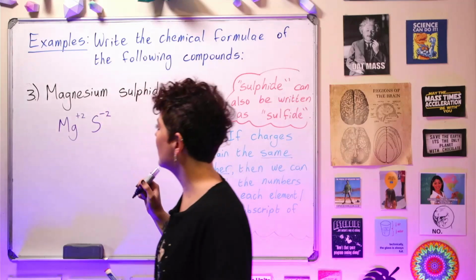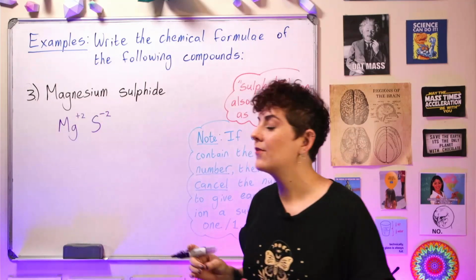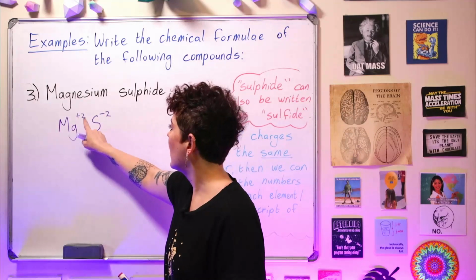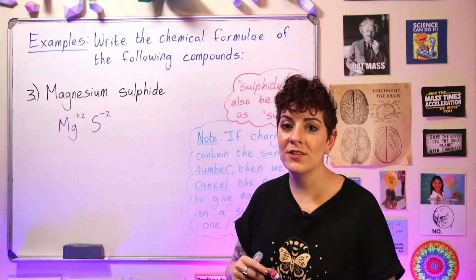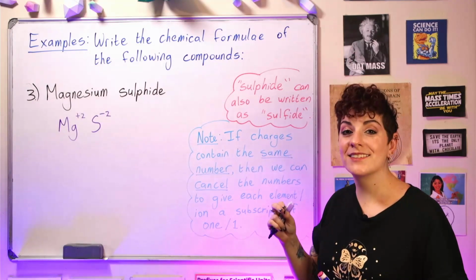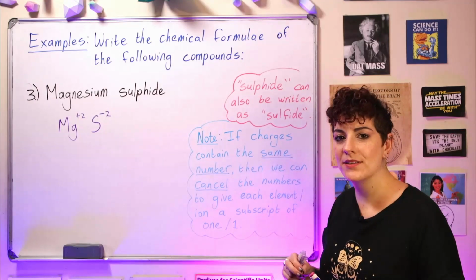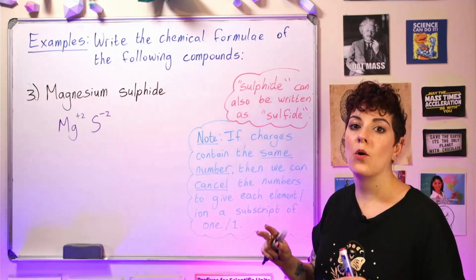S-2. Right. Now, in this case, we're dealing with 2 ions that have the same number in their charges, 2 and 2. It doesn't matter that they have opposite signs. Now, there is a little rule here that if the charges contain the same number, then you can cancel those same numbers to give each element or ion a subscript of 1.